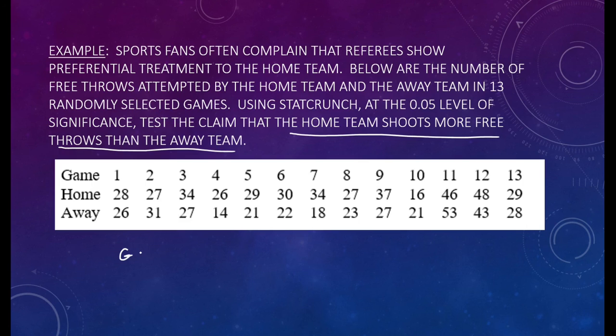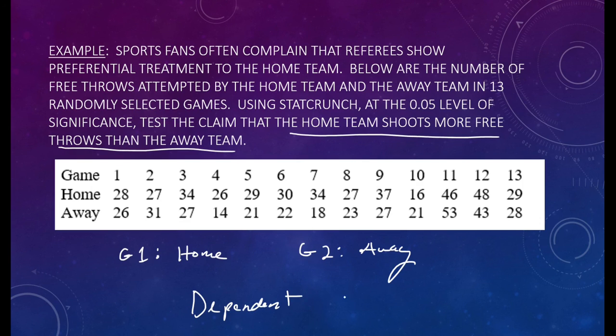We'll let group 1 be the home team, and we'll let group 2 be the away team. Now, these are a matched pair design because they are in the same game, so the samples are dependent.